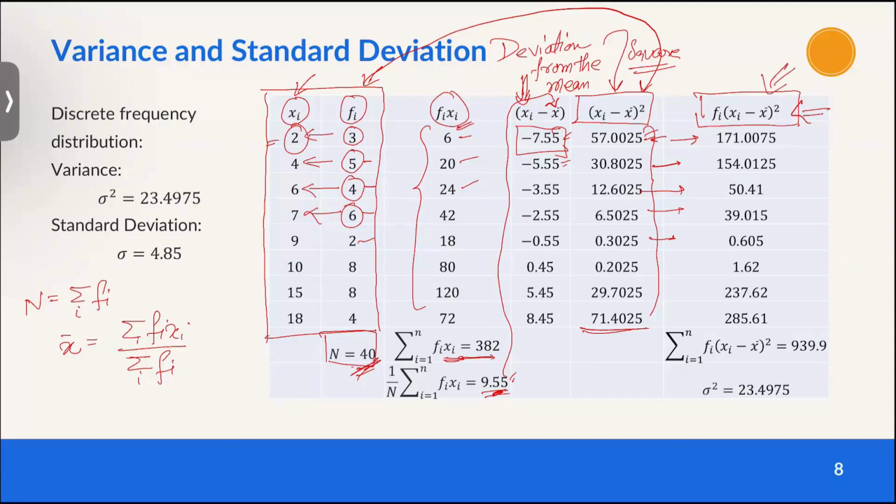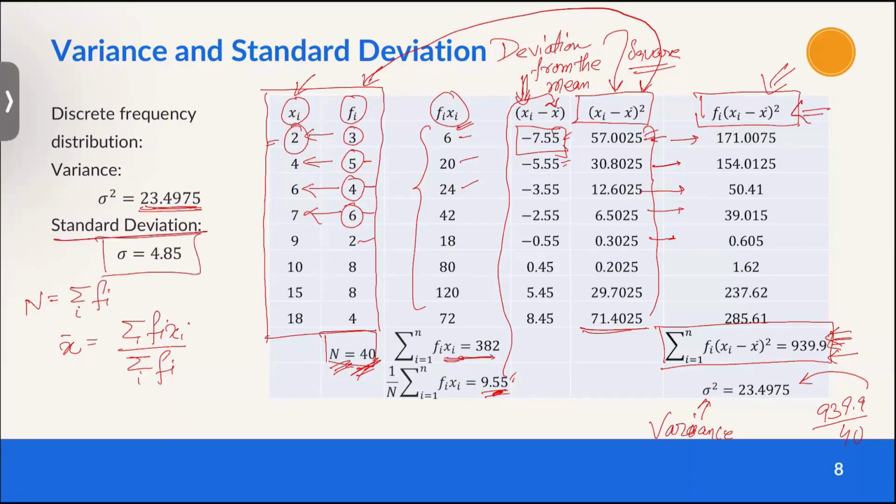When we get these values, we will sum them up, and here it is 939.9. Now what do we have to do? We will divide this number by the number of observations, which is 40. So when 939.9 is divided by 40, we get this number, which is the variance. So what is this? This is the variance. Variance is 23.4975.